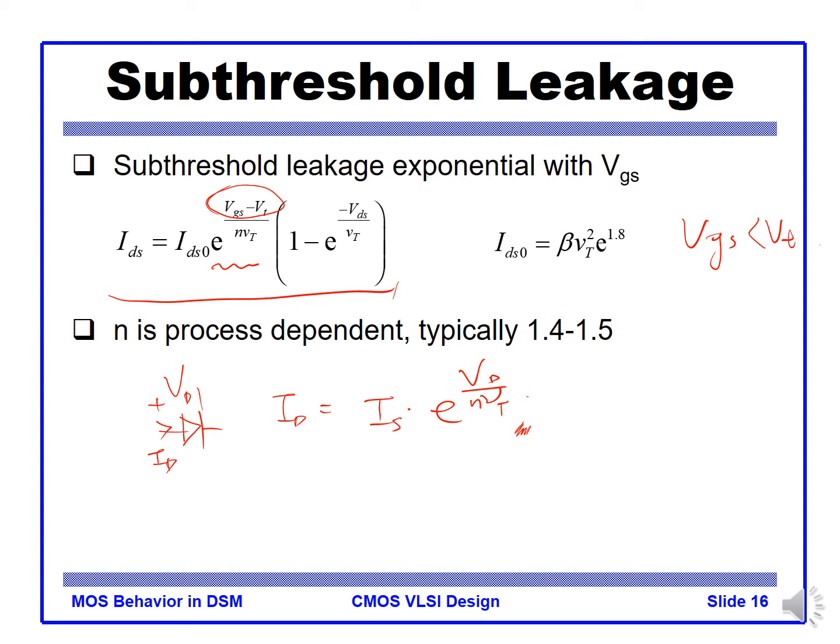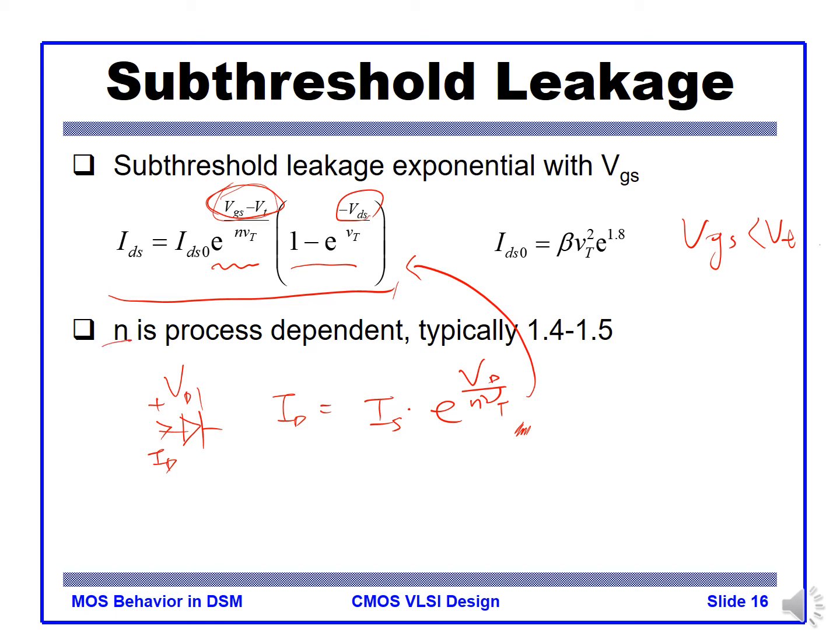If you compare that with that, very similar, right? Except that VD is replaced by VGS minus VT, overdrive voltage. And also we have a VDS dependency in there.